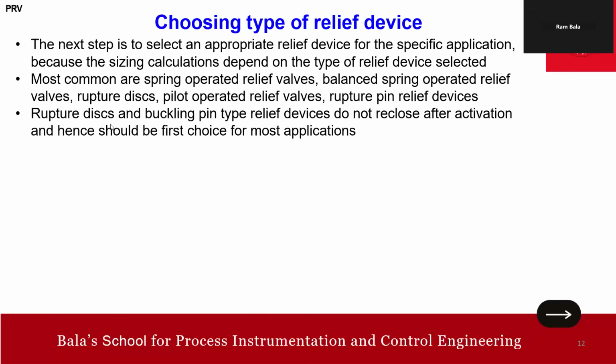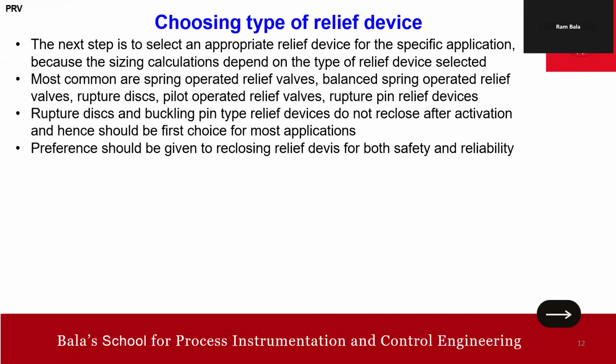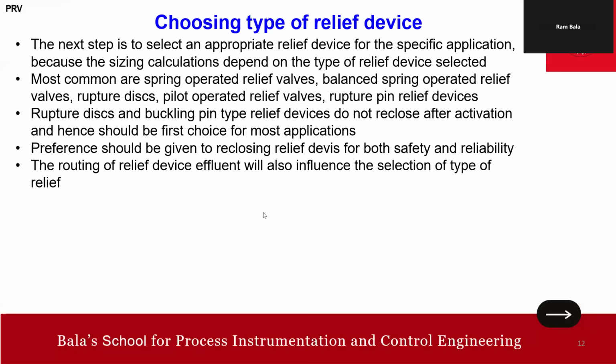Here, the rupture disc and buckling pin type relief devices do not reclose after activation. So there is a challenge with the rupture disc and the buckling pin type, and we should not use them as the first choice. Preference should be given to reclosing relief devices, for both safety and reliability.